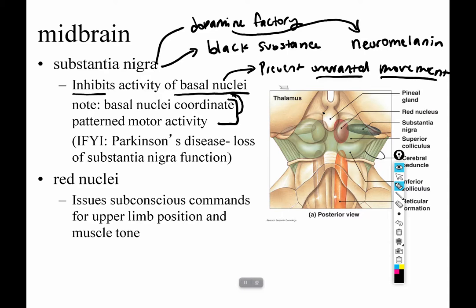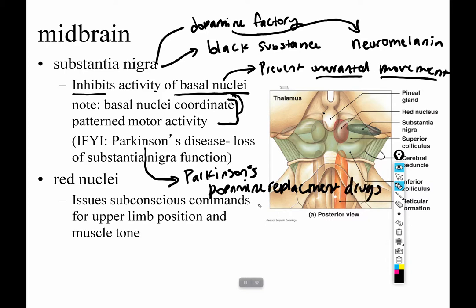So your case study relates to the relationship between Parkinson's, dopamine replacement drugs, and addictive behavior.